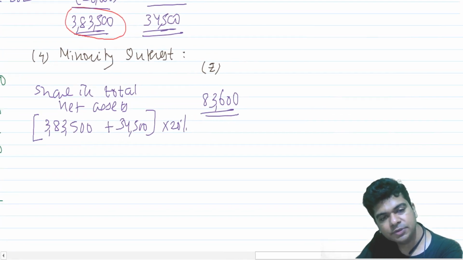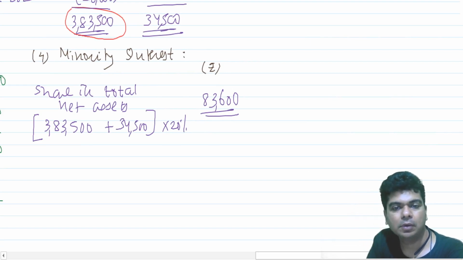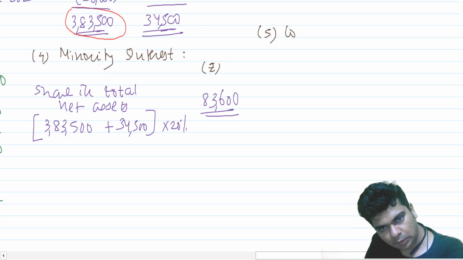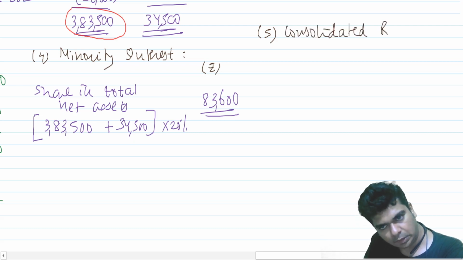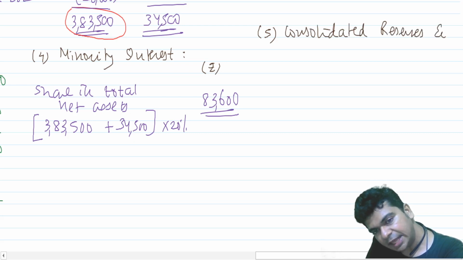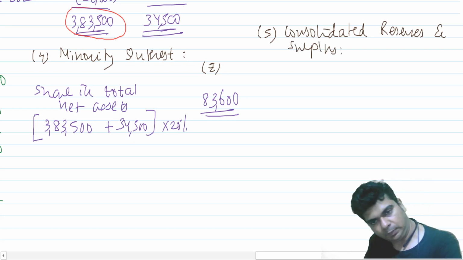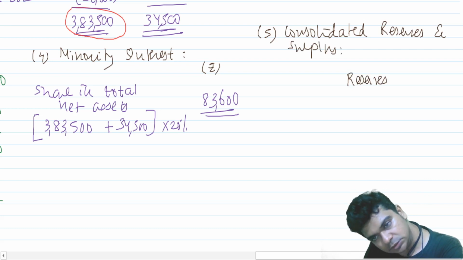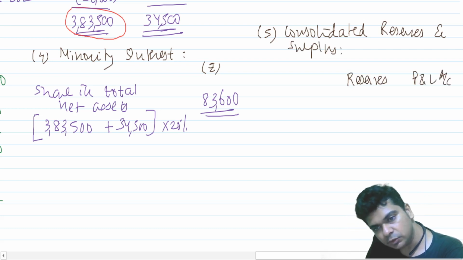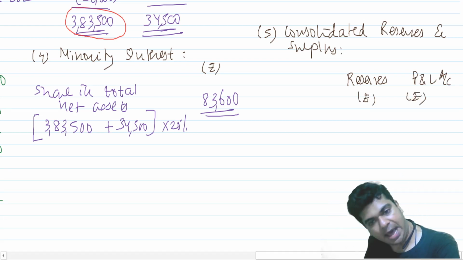And now the final principle, consolidated reserves, right? Consolidated reserves and surplus. I prepare a column for reserves, profit and loss account. This is the place where we finally consider the profit of the parent.